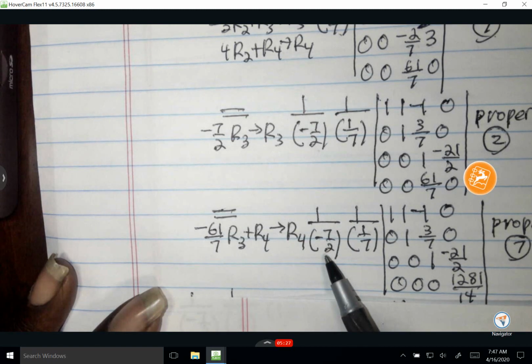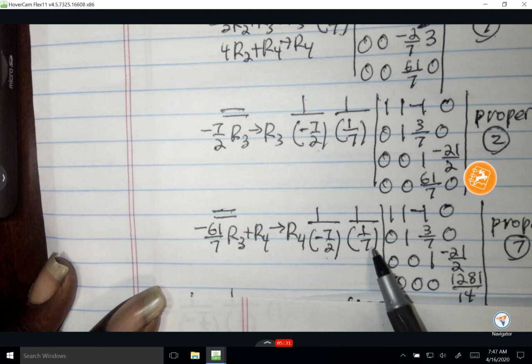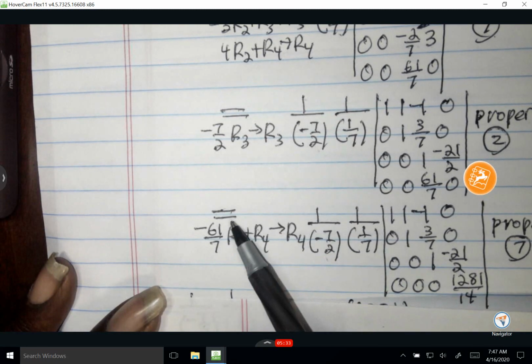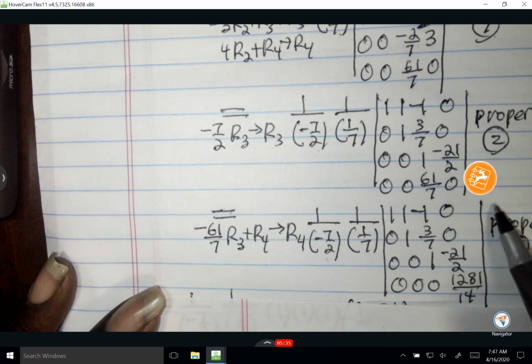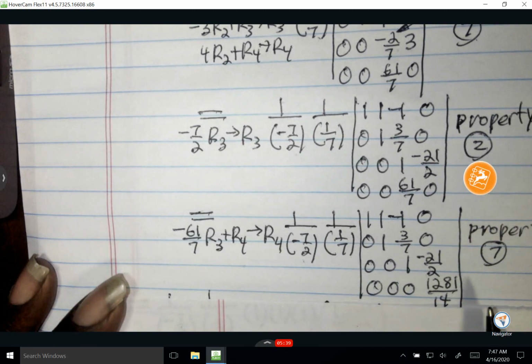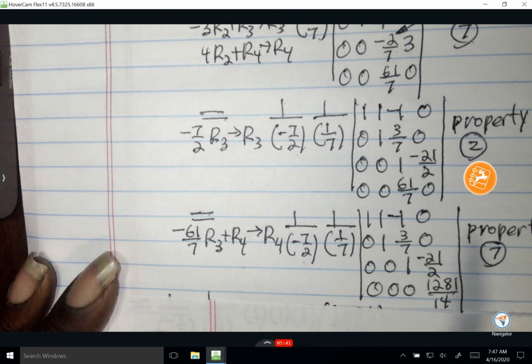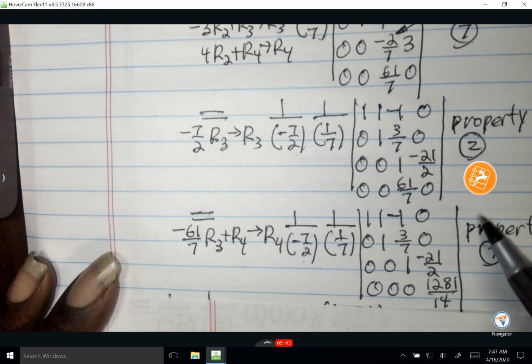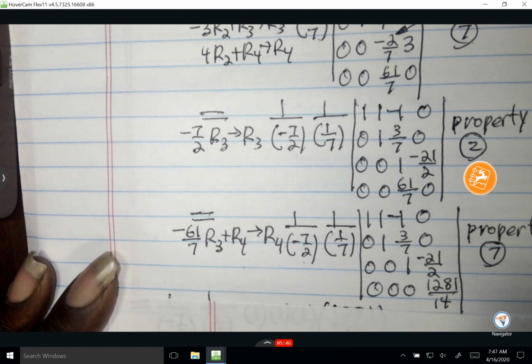Of course, we still have our 1 over minus 7 over 2 and 1 over 1 over 7. Otherwise, equal by property 7. See, we didn't prove the properties for nothing.